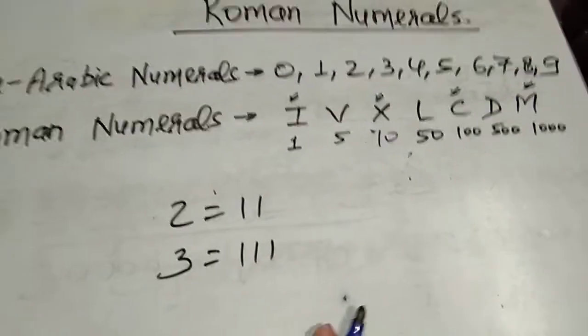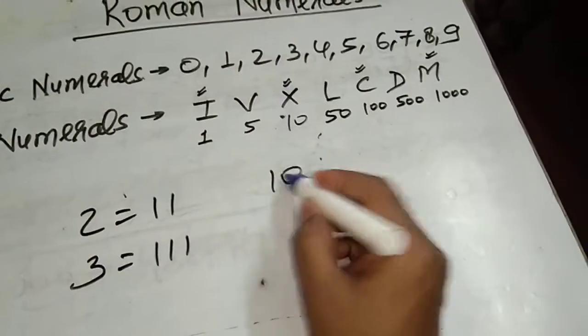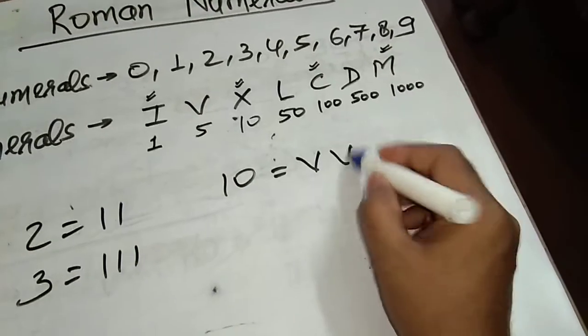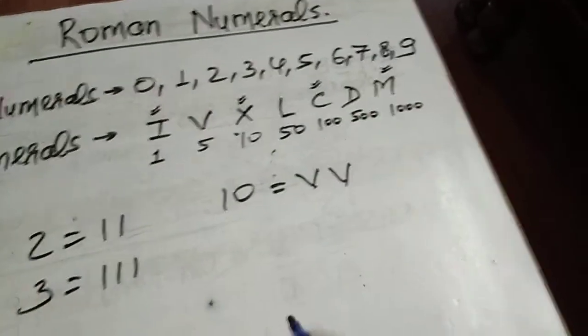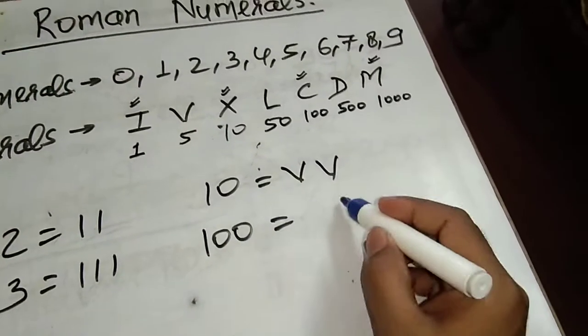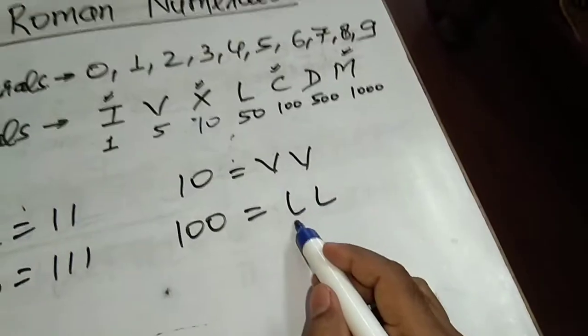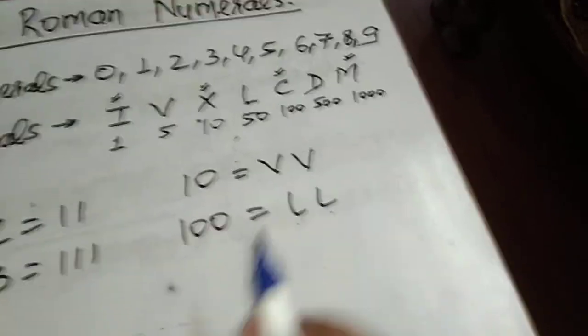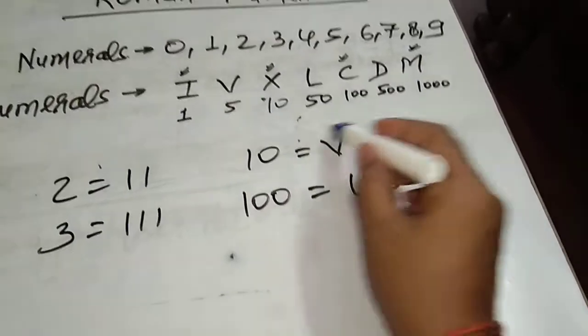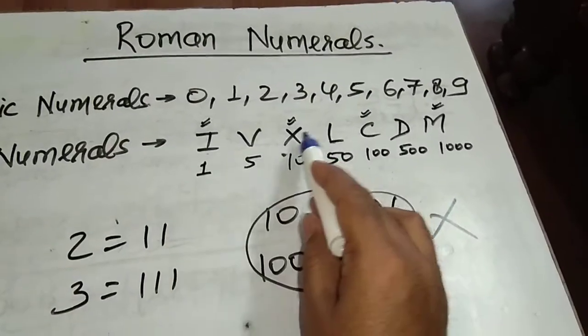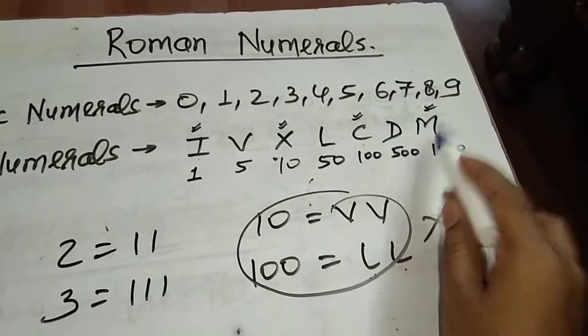But if we have to write 10, we cannot repeat V 2 times. Suppose we have to write 100, we cannot repeat L 2 times because L is 50, so 50, 50, 100. This is wrong. We can repeat only I, X, C and M.